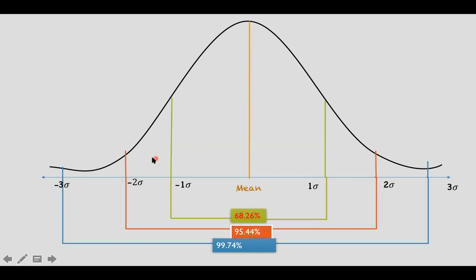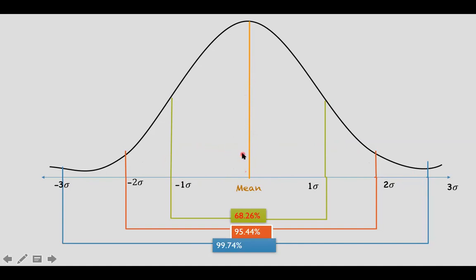Okay, and then if I have the point of inflexion, the mean to the point of inflexion from this side and the mean to the point of inflexion from this side will be equal area. And if this is equal area, then the total percentage between -1 to +1 is 68.26%. What will be the percentage between mean to +1 or mean to -1?